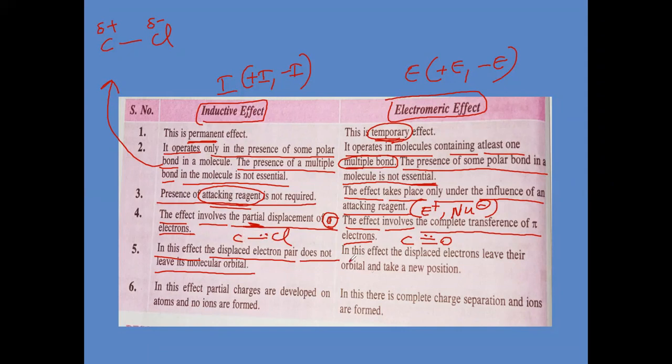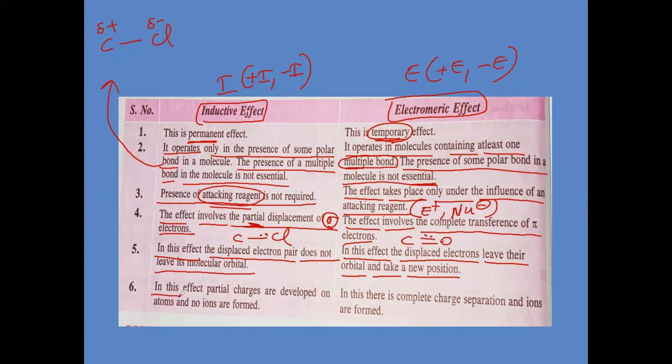In the electromagnetic effect, the displaced electrons leave their orbital and take a new position. See, between carbon and oxygen, the two pi electrons completely leave carbon and enter the orbital of oxygen.